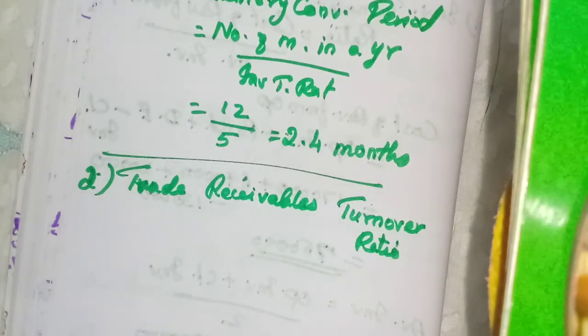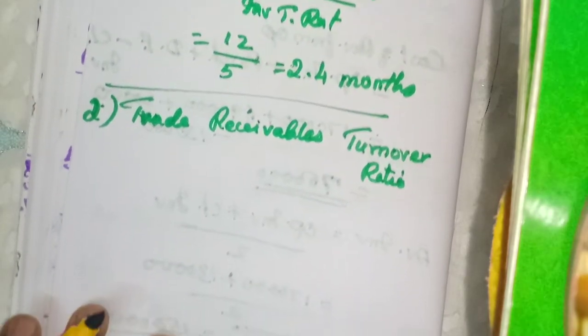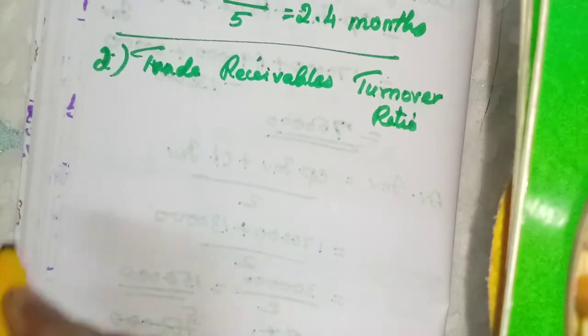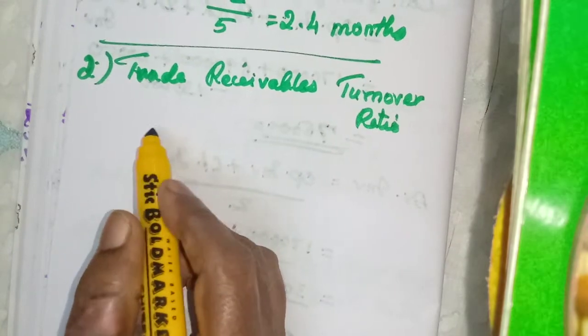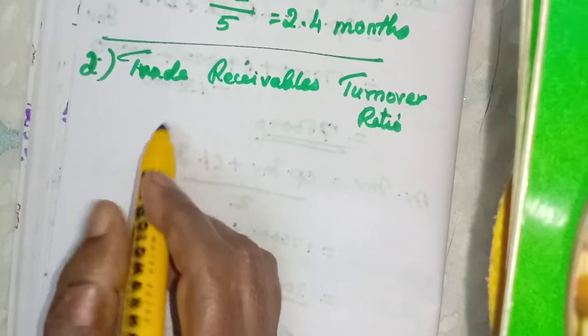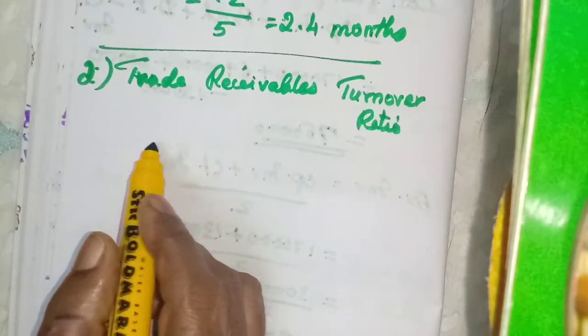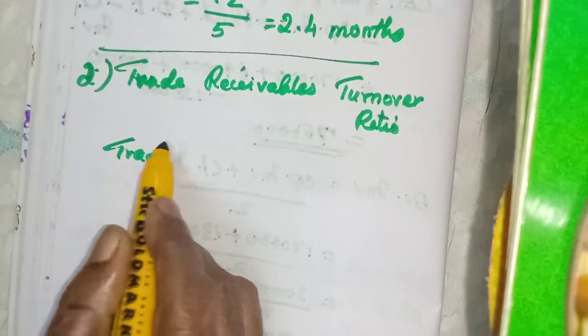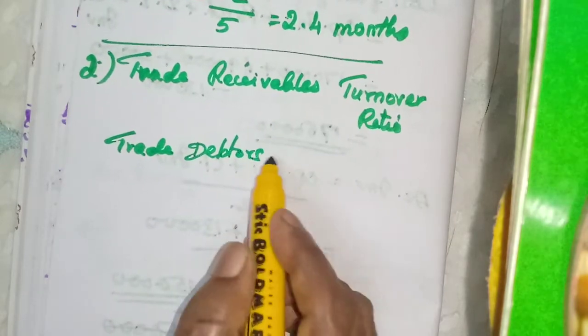Here, trade receivables means it includes the sundry debtors. Trade receivables means trade debtors, that means the sundry debtors. They have given a new word, that's all.